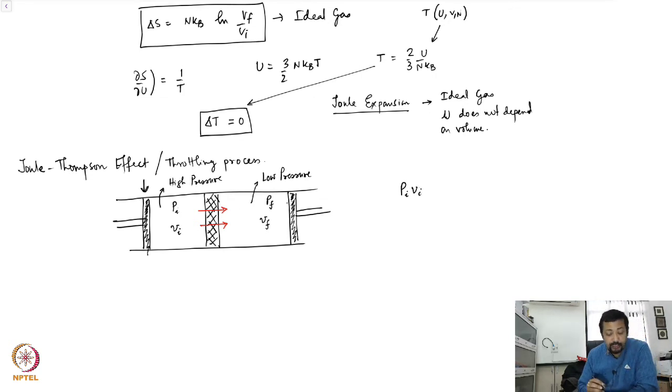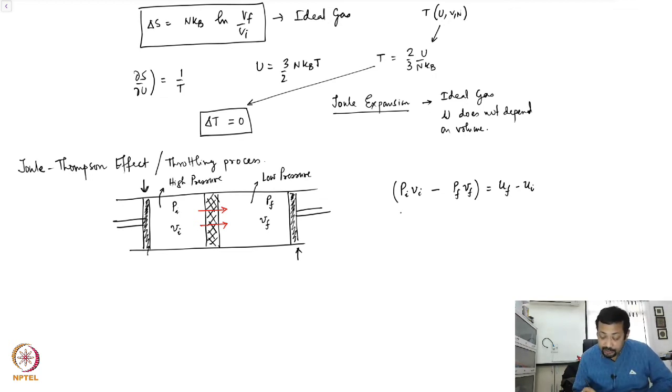Some amount of work also has to be done by this piston which maintains the low pressure, and that is Pf times Vf, where Vi and Vf are the molar volumes. So the conservation of energy tells me the change in the internal energy, Uf minus Ui, must be the net work done.